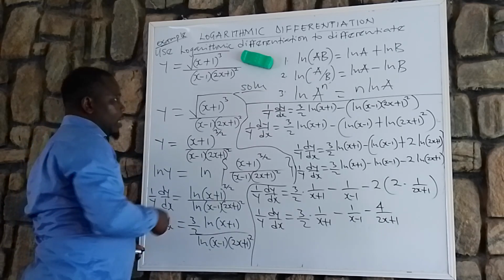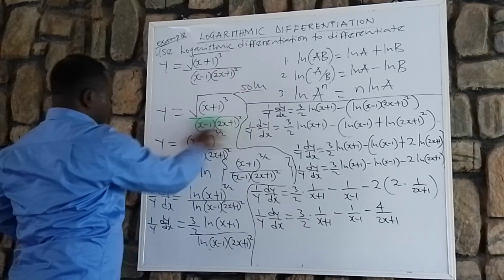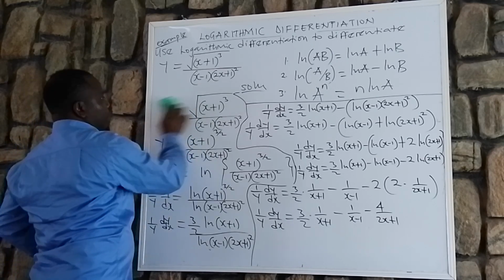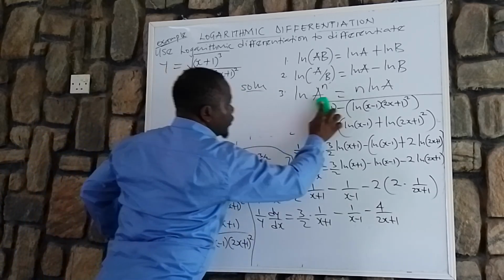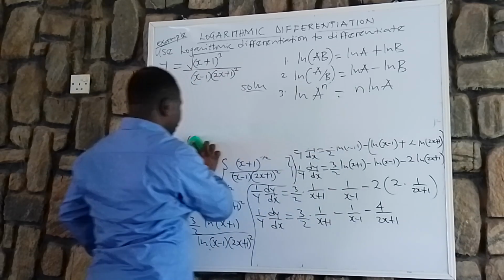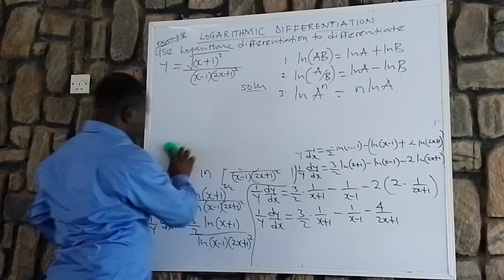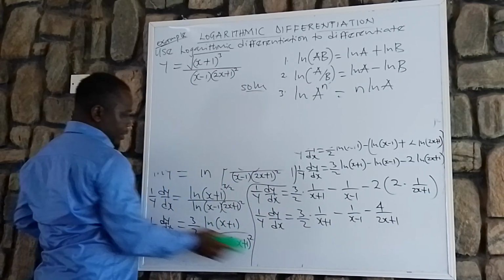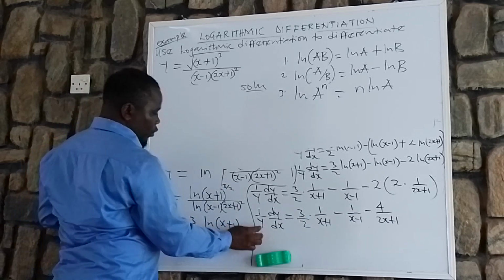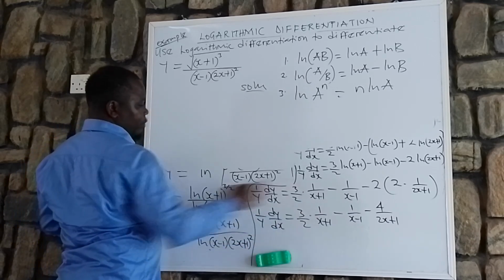So now, what we need to do here is cross multiply, use this y to multiply this.